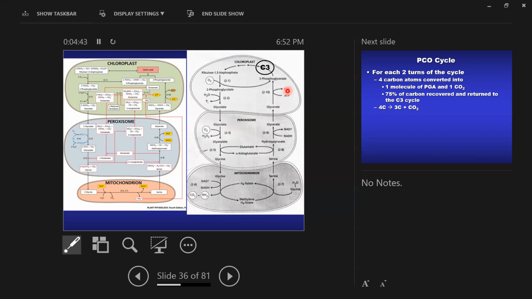That's important. But other than that, and then the loss of CO2 in the mitochondria, those 2 things are really important. But knowing what's going on here in the peroxisome with the swooping circle between the 2 reaction pathways, no, you don't need to know that.